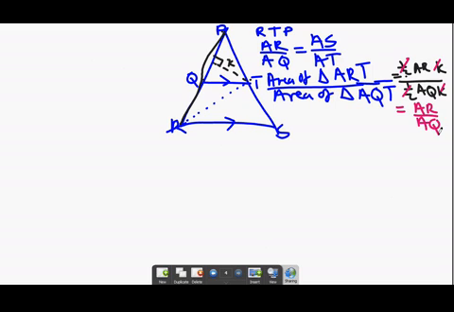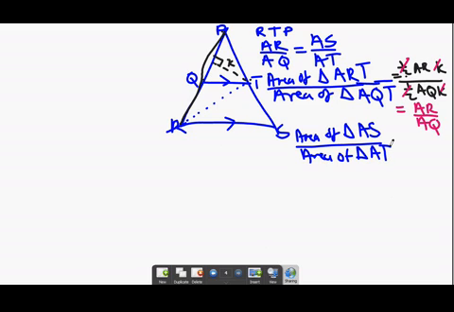Now we move on and we go to the other side. We're talking about AS over AT. So we're going to write area of triangle AS, we don't know the third side, over area of triangle AT. Again, that one is AT, so we're going to put AT. So we need to make a triangle.